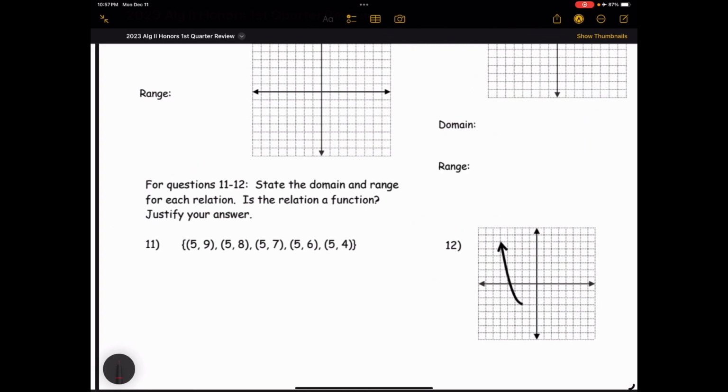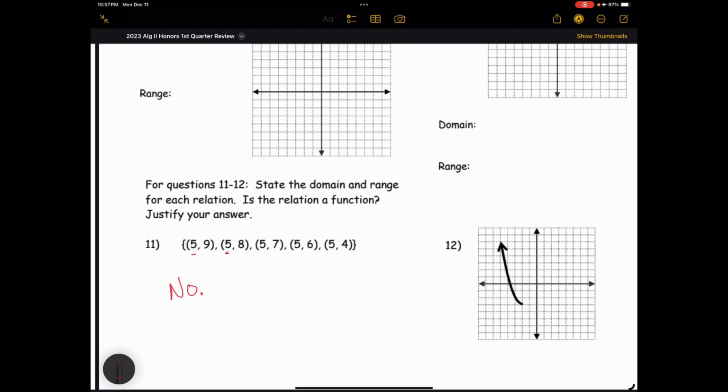All right, number 11. We have a set that has points 5, 9, 5, 8, 5, 7, 5, 6, 5, 4. Is the relation a function? Justify your answer. Okay, this would be no. Definitely not. Why?